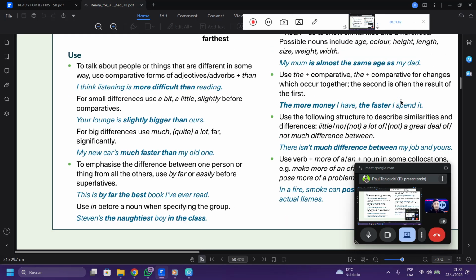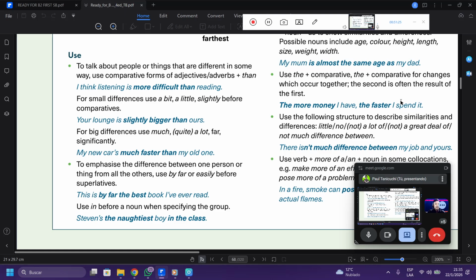Perfect, guys. Now the comparative, right? The article the plus the comparative, for changes which occur together. The second is often the result of the first one, like the consequence. This is very useful. The more money I have, the faster I spend it.